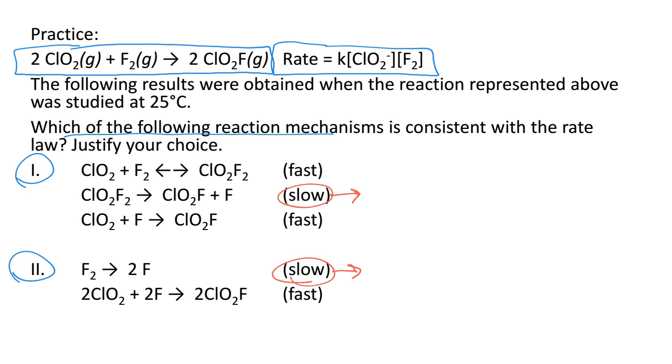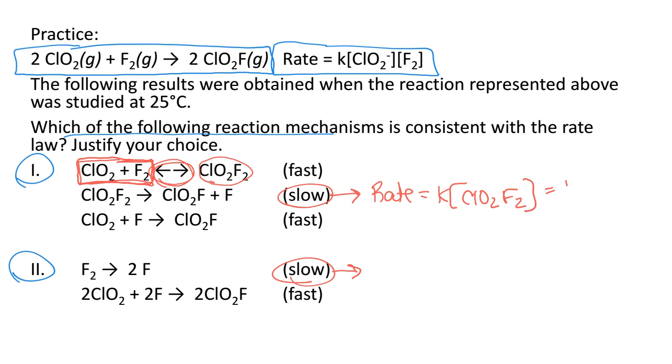So here, if I write my rate law from this slow step, rate equals K times ClO2 times F2. But the problem is I have this double arrow. So if I have ClO2 F2, that means I can substitute in these substances.